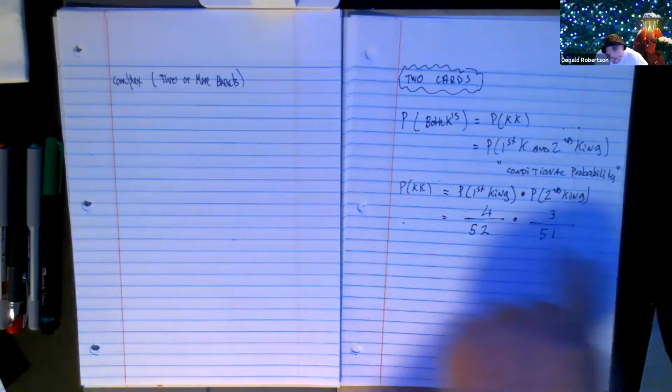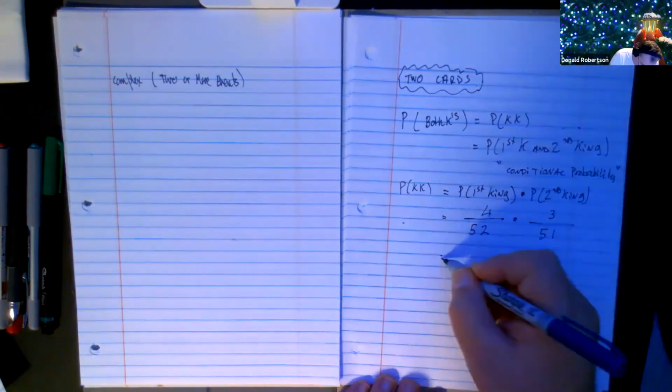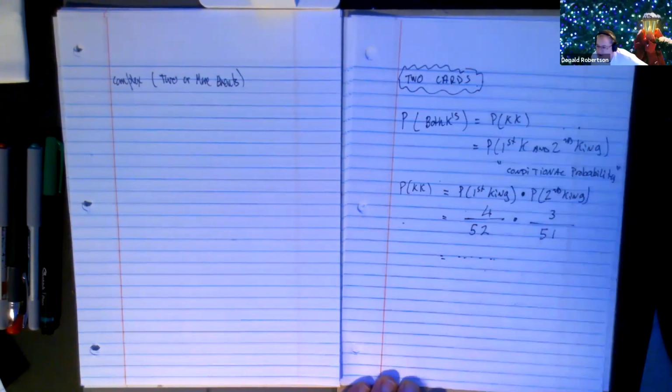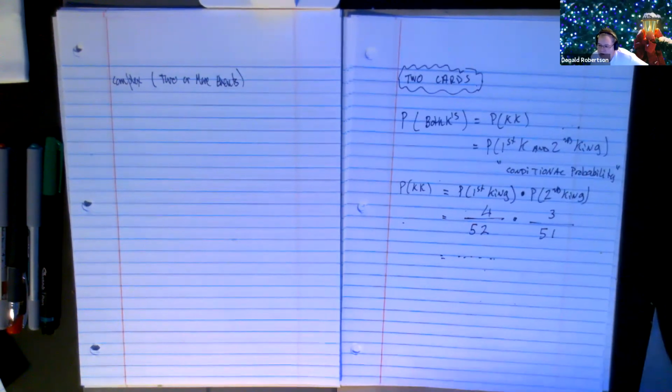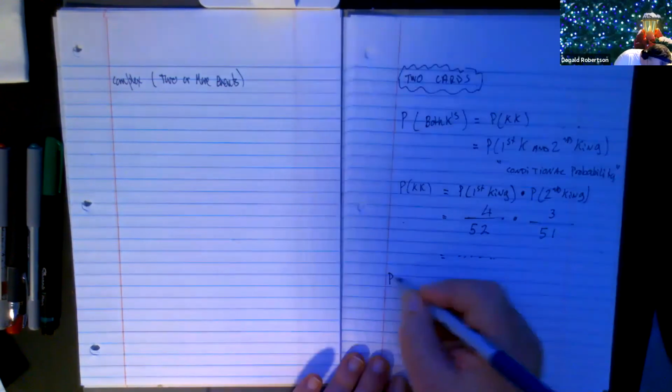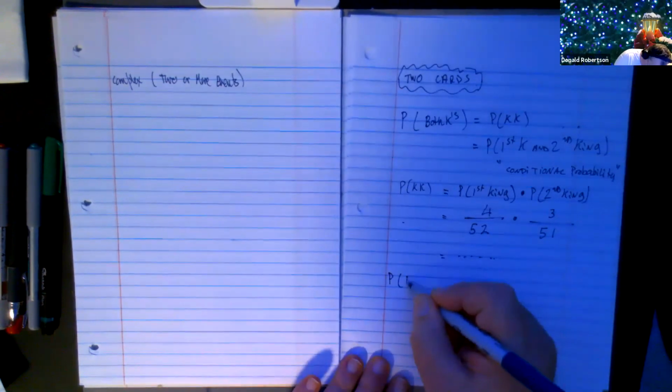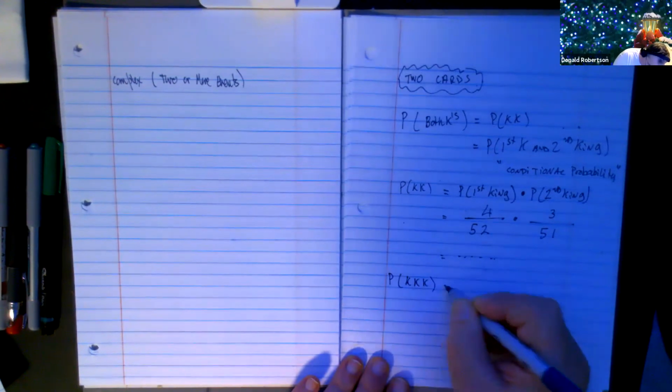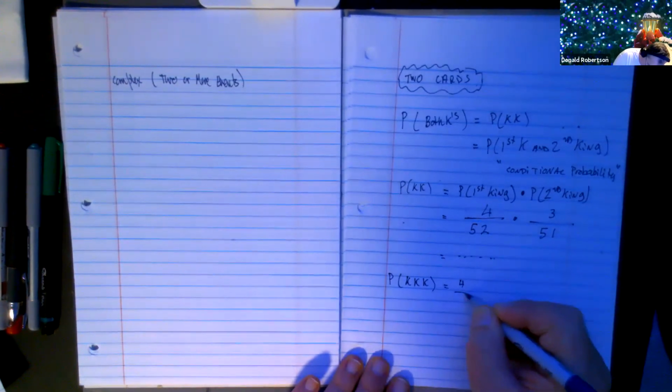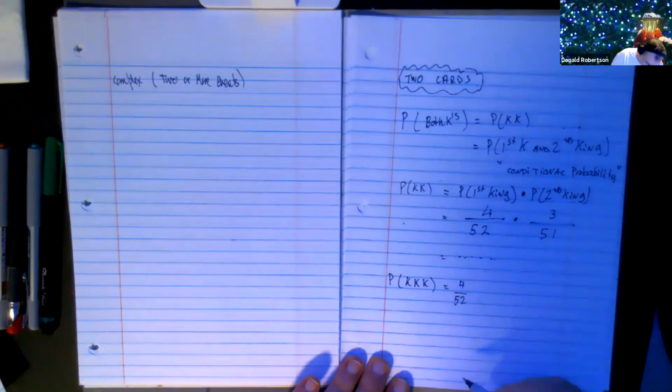Now that's some horrible decimal, and you get it in your own time, and write it down to 4 decimal places or whatever the homework asks you to do. Now you can continue this to what's the probability that I got 3 kings? Well, won't that be the first king, 4 out of 52.